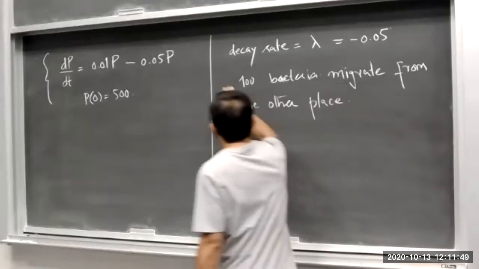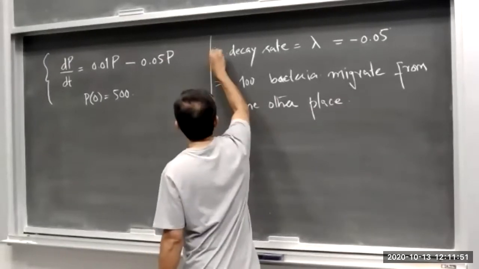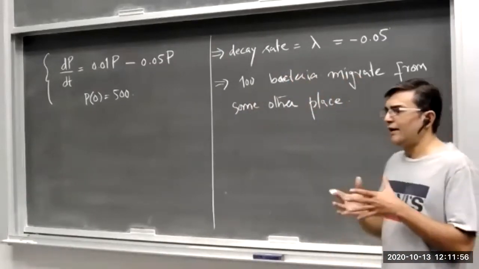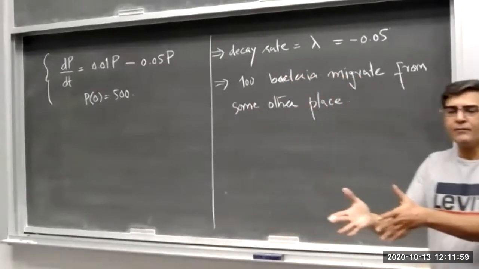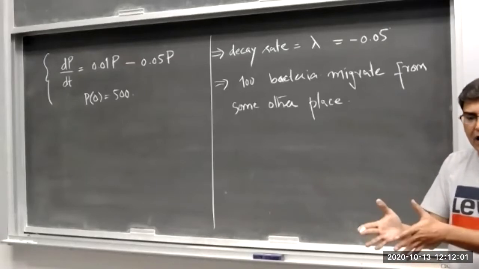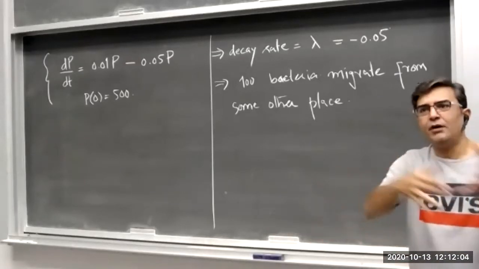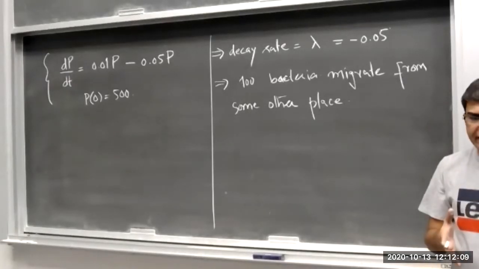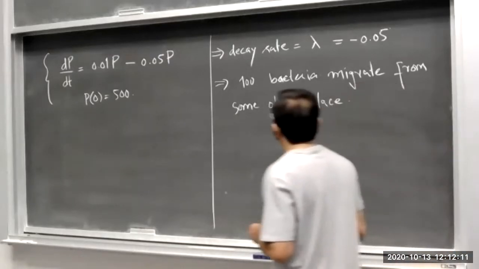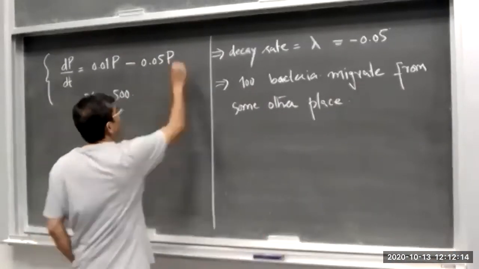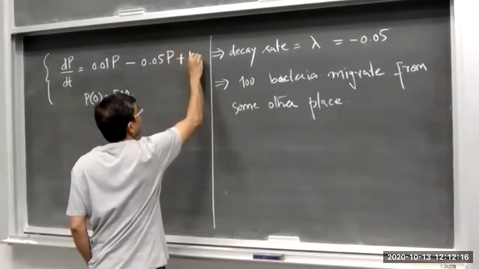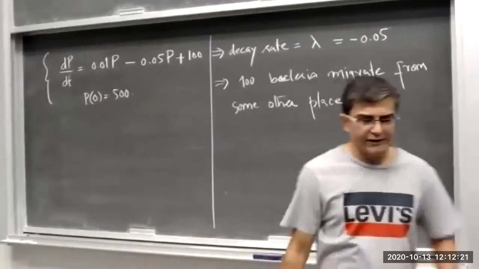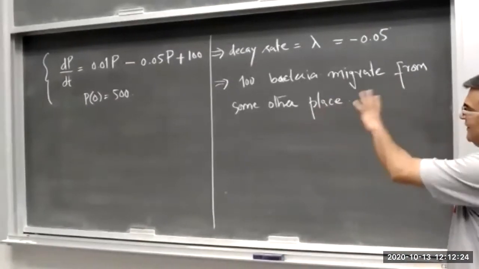So what additional condition do we have here? We are assuming that 100 bacteria per hour, in each hour, 100 bacteria come into our place where we have initially kept the 500 bacteria. What we have to include in this model is plus 100 bacteria.